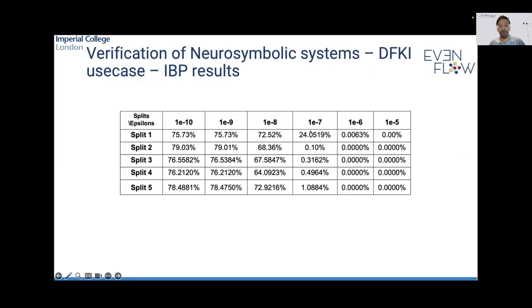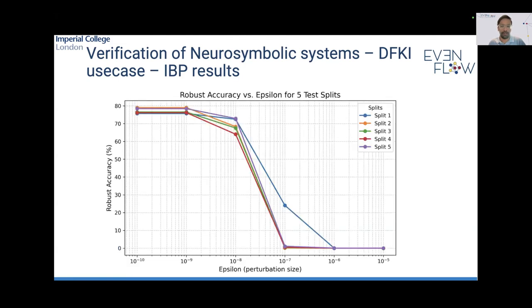As the noise increases, the model accuracy drops all the way to 0, and we do this across all 5 splits using the verification tool. The clean accuracy of the model without any noise is 75%, but as we try to certify against noisy inputs, it drops to 0.